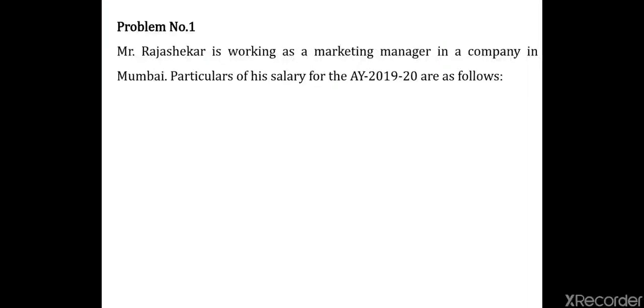Who is the assessee in this question? Mr. Rajshekar, working in a company as a marketing manager.